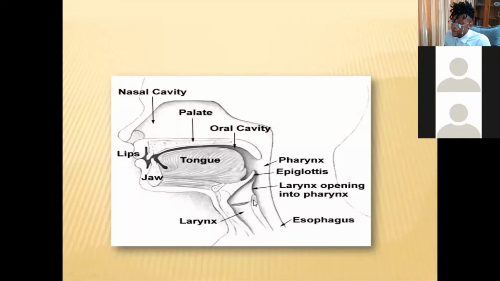Pharynx, oral cavity. So this is the oral cavity. This is the palate. This is the hard part right here.